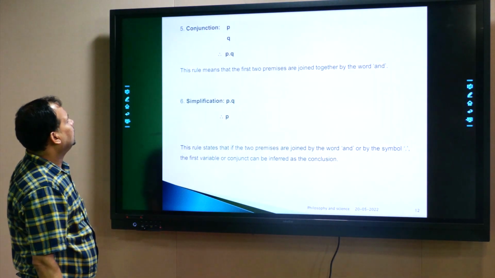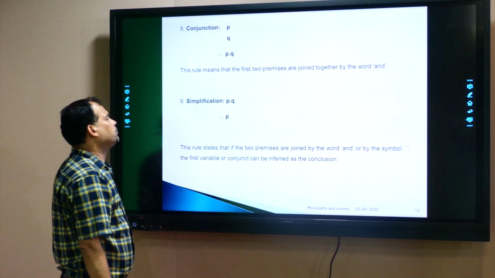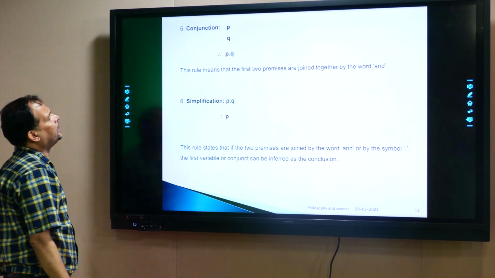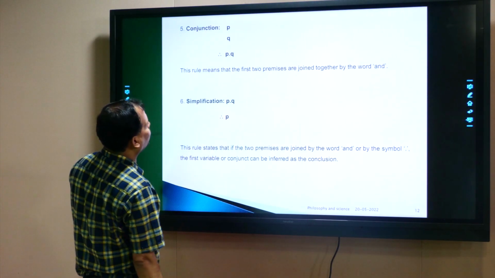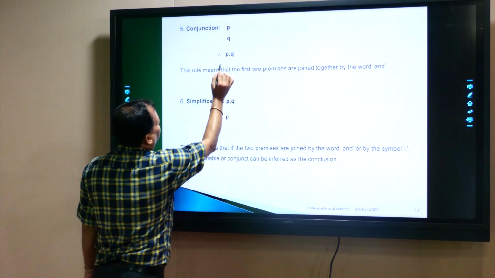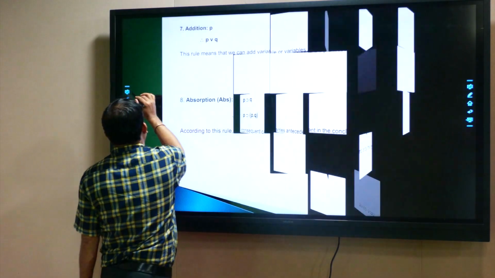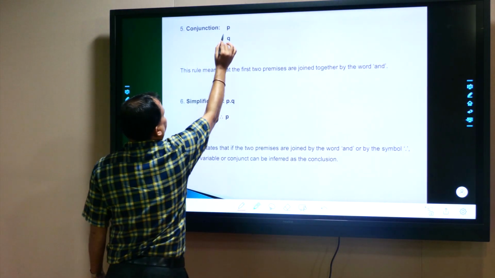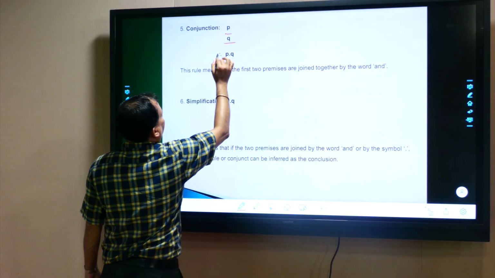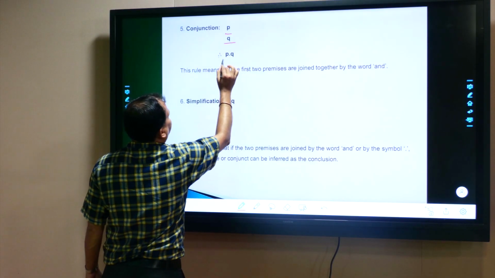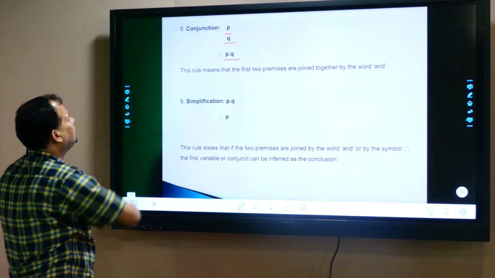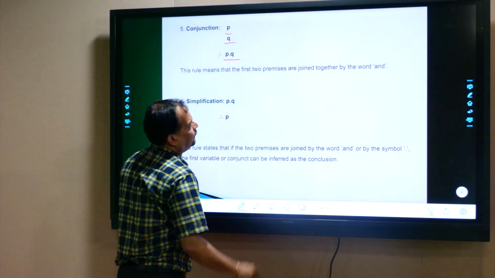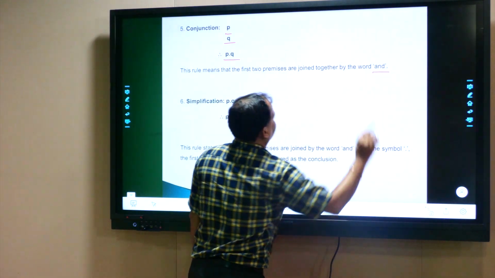The next rule of inference is conjunction: P, Q, therefore P · Q. This rule means that the two premises are joined together by the word and.